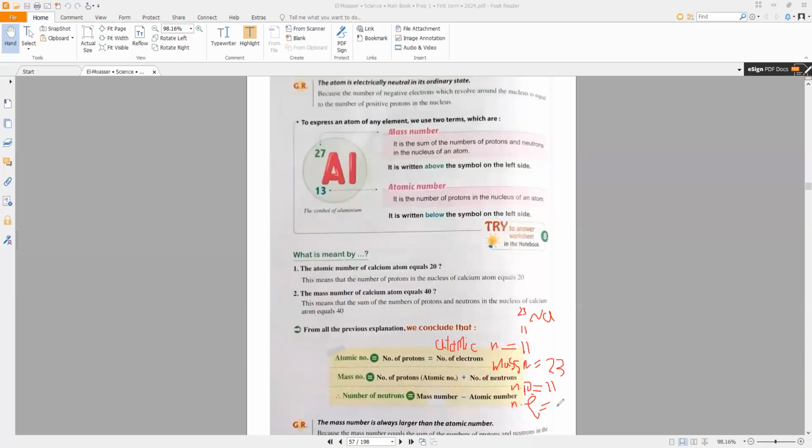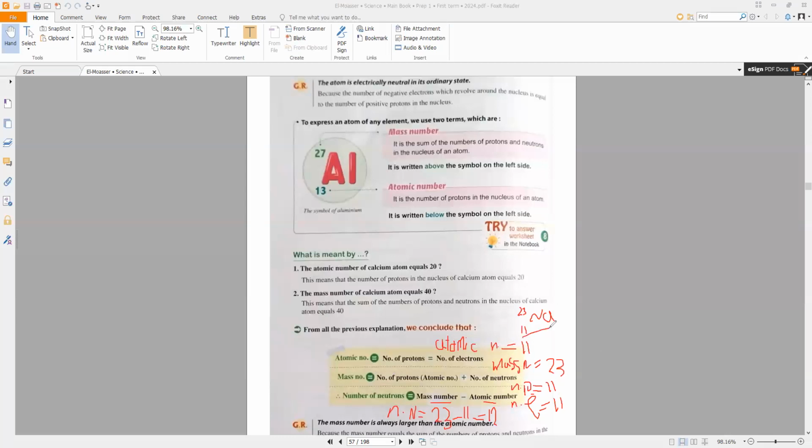So the number of electrons is 11. The number of neutrons equals the mass number minus the atomic number. So the number of neutrons equals 23 minus 11, equals 12.